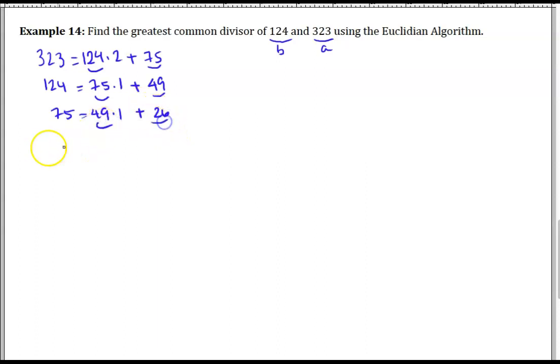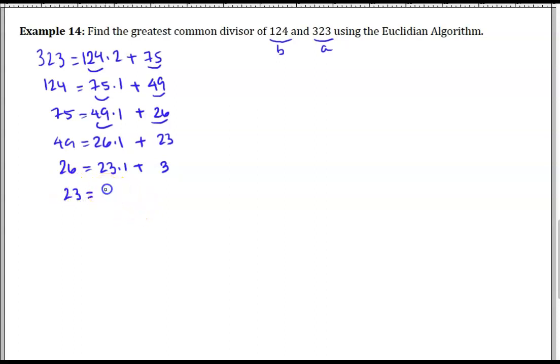Right? So 49 is 26 times 1 plus a remainder of 23. 26 is 23 times 1 plus a remainder of 3.